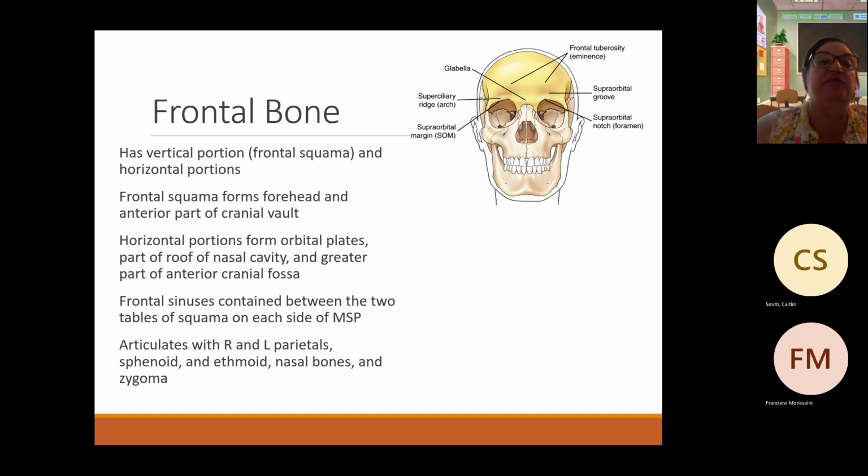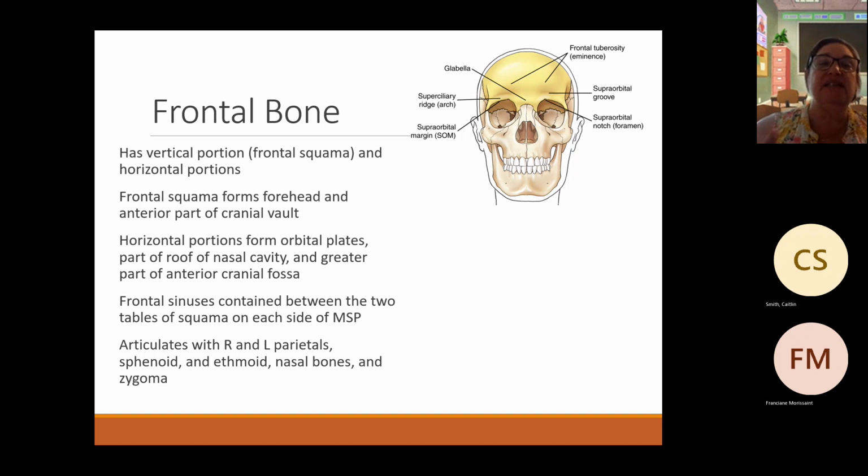It's part of the roof of the nasal cavity and the greater part of the anterior cranial fossa. The frontal sinuses are contained within the 2 tables of the squama. We locate the frontal sinus in here, and there are normally 2, with a septum between them that joins them together. Some people only have 1.